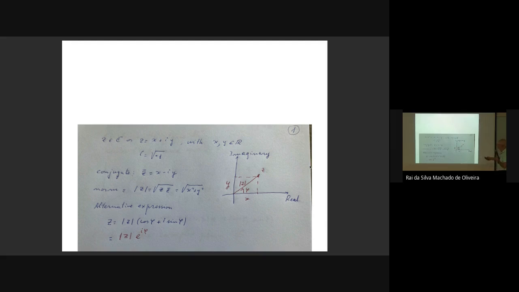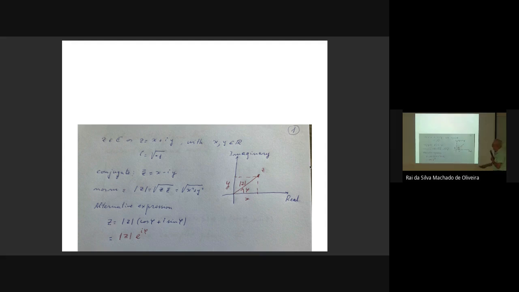And we can use the polar coordinates, that will be the distance from the origin, that is the norm of the complex number, and the angle with respect to the real axis. So we can write this complex number as the norm times cosine phi plus i sine phi in polar coordinates.